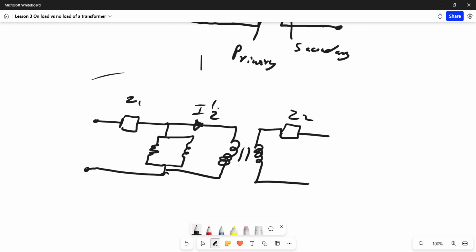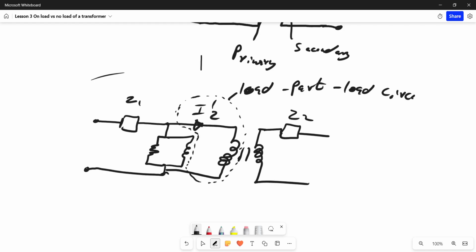If you take this part, this is what we call the load part, or the load circuit. Then this part is what we call the supply circuit.